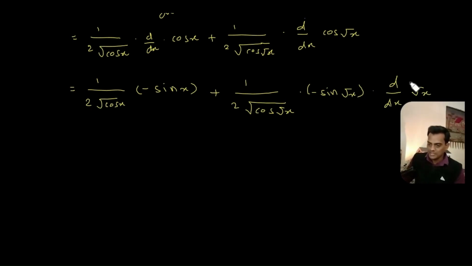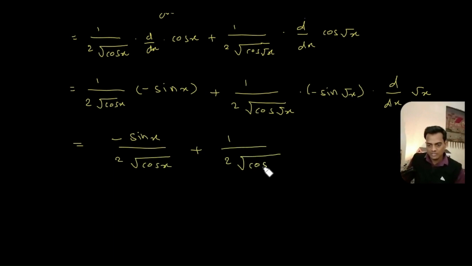Just we have to calculate the derivative of this function, put it here, and then the solution will be with us. So minus sine of x divided by 2 square root of cos x plus 1 upon 2 square root of cos square root of x into minus sine of square root of x into 1 upon 2 square root of x.